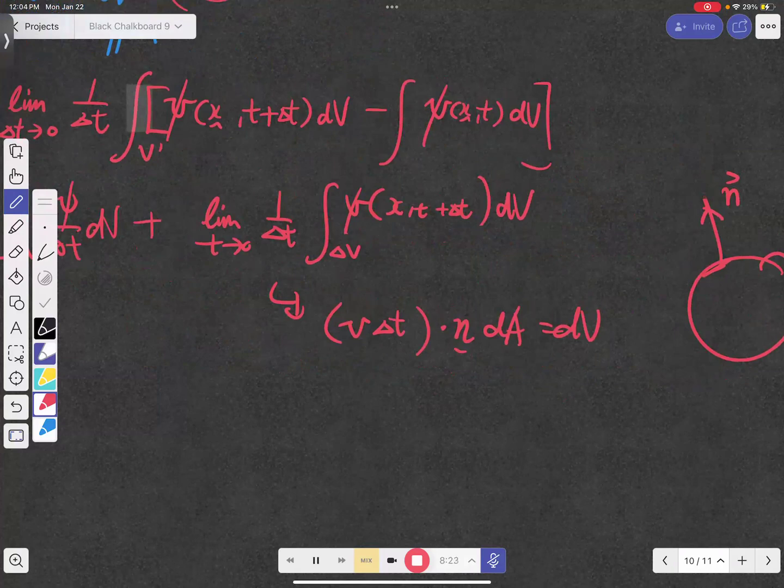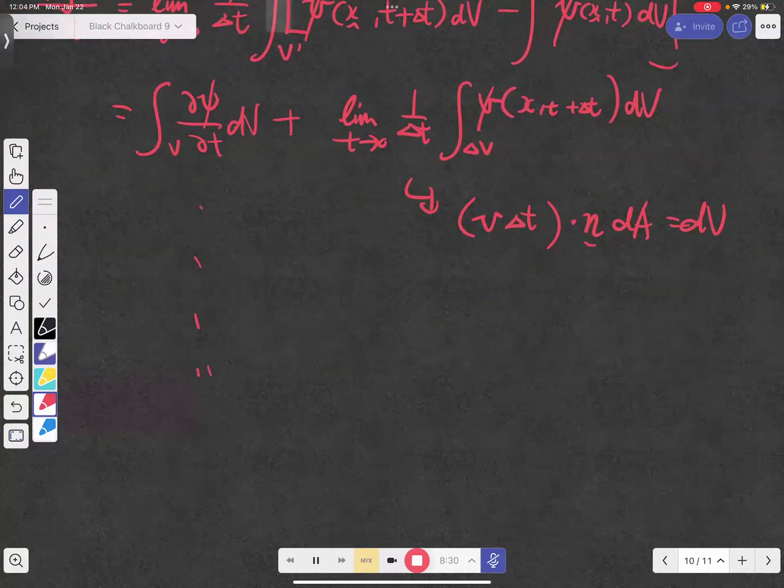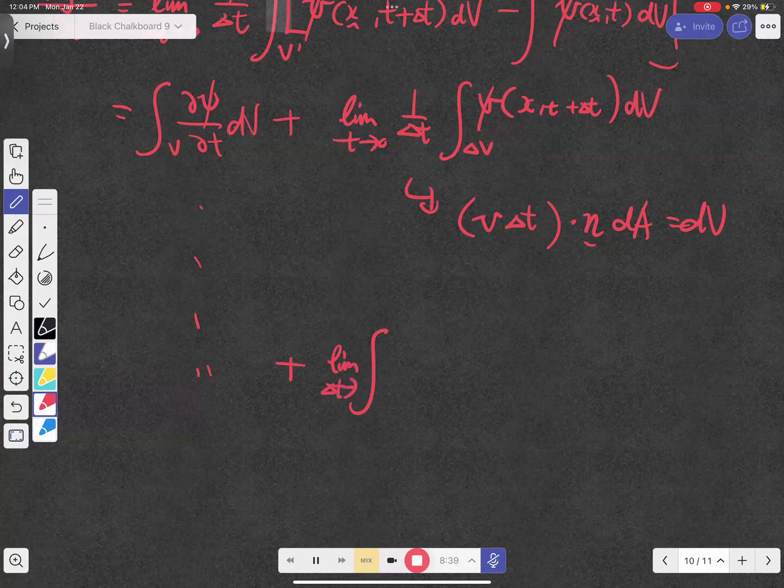If I substitute this back, I will keep the first term. What I would have is the limit as delta t goes to 0 of 1 divided by delta t times this.